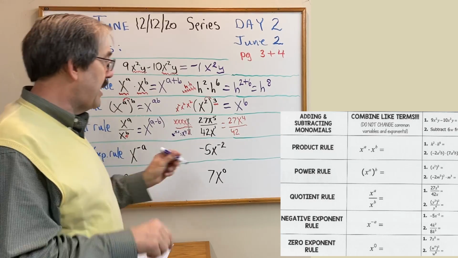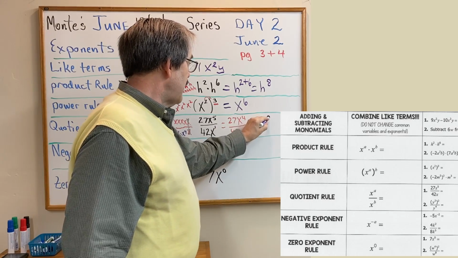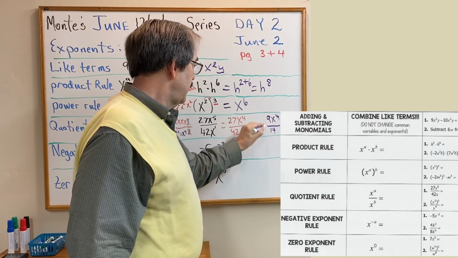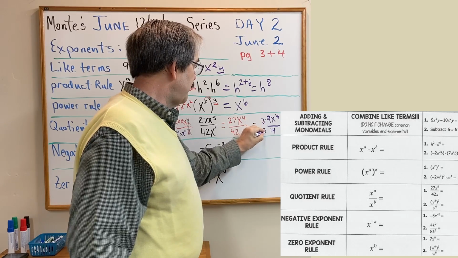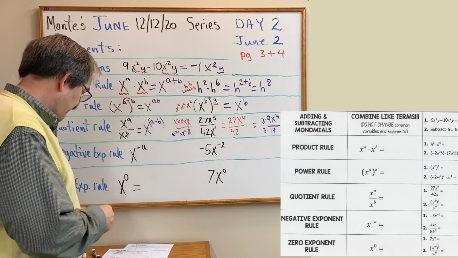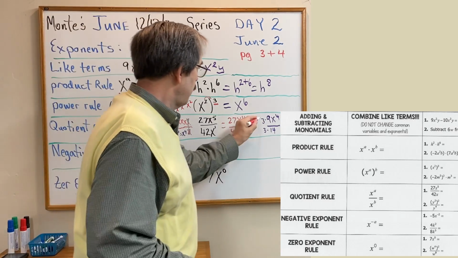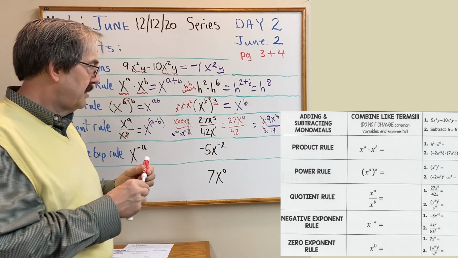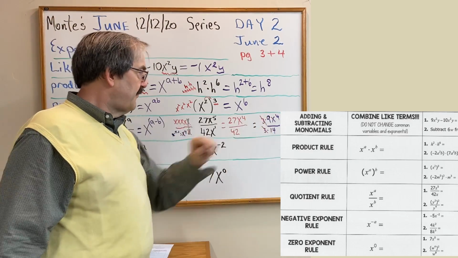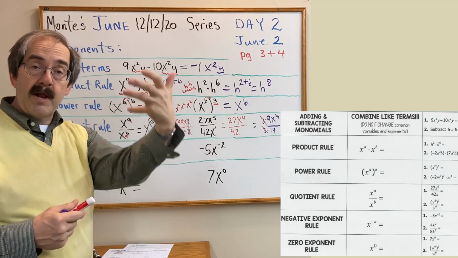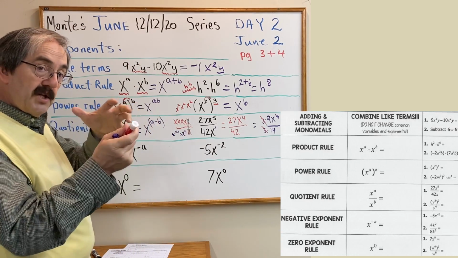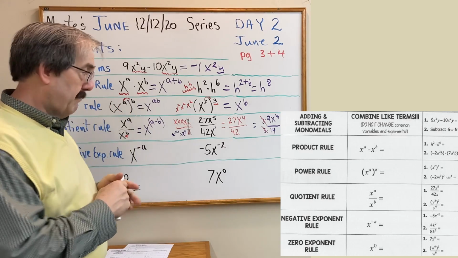If I take a 3 out, I'll have 9x4 over 14. 3 times that, 3 times that. Okay, push yourself, simplify your fractions. So 9x to the 4 over 14. So we're stepping it up, right? Quotient rule. Several different ways to look at it. There's practice problems for it.